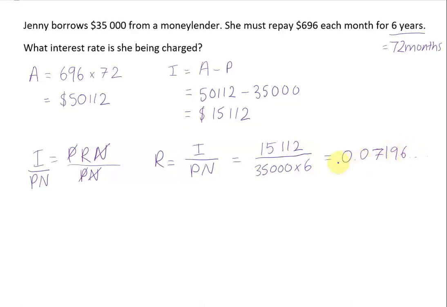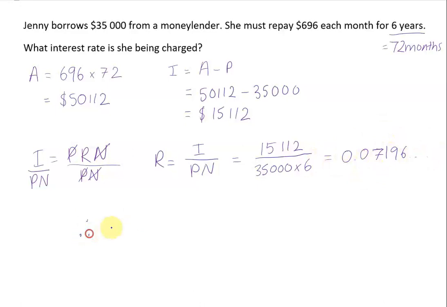It doesn't seem reasonable that Jenny would be charged a 0.0719 interest rate. And that's because our answer has come out as a decimal. If we want to have our interest rate as a percentage, we need to multiply it by 100.